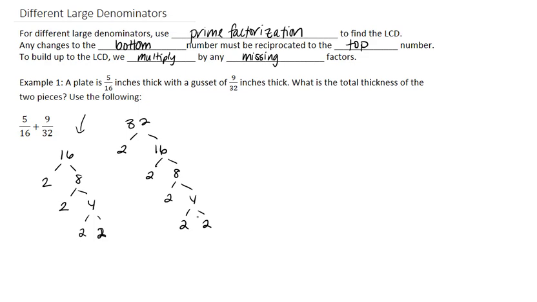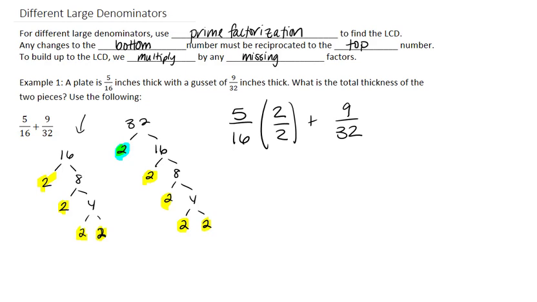So we can see we're actually just missing one factor. Each one has 2's, and 32 has one more than 16, so all we have to do is multiply the first fraction by 2, at the top and the bottom, and then plus 9 over 32.